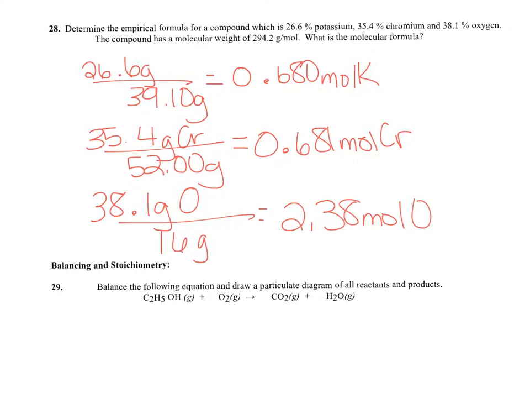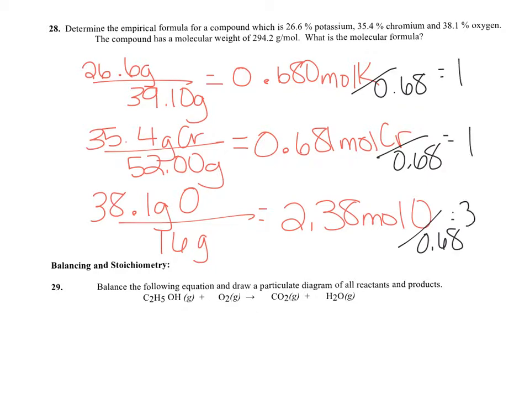Once we are here, who can tell me the next step? Good, divide by the smallest. So these are our smallest. We're going to divide both of them by that. I'm just going to put 0.68 because that's pretty much what it is. And we'll see 1, 1, and 3.5.